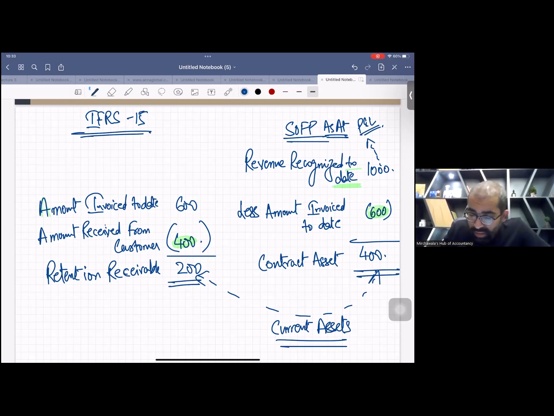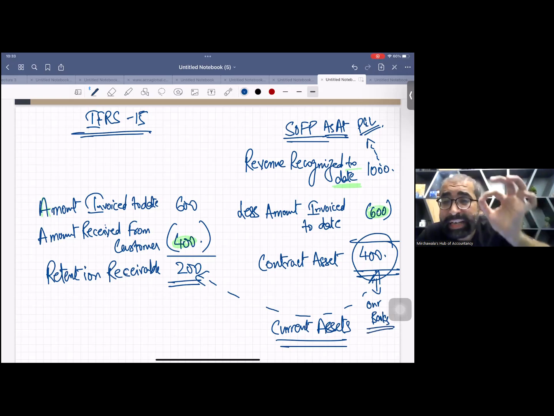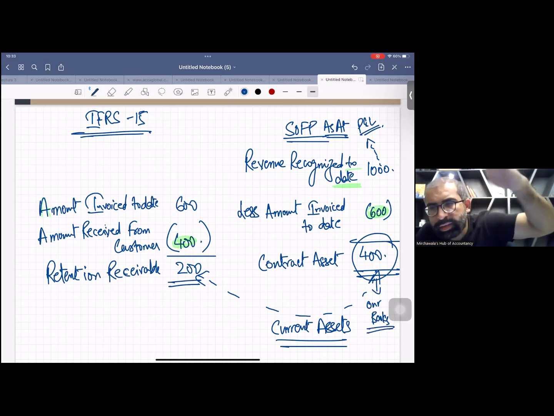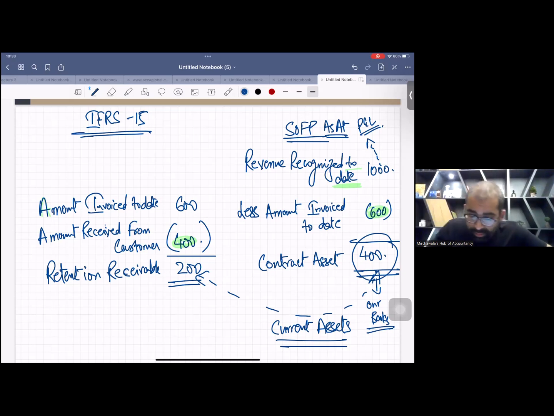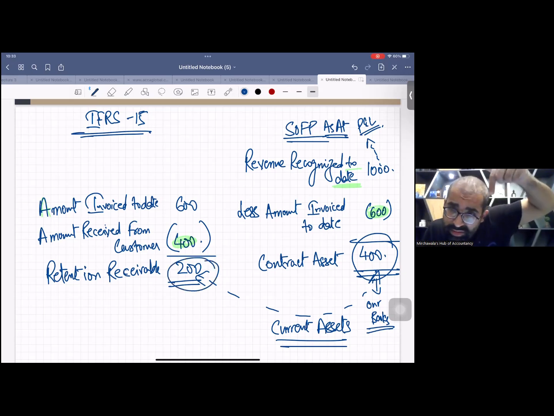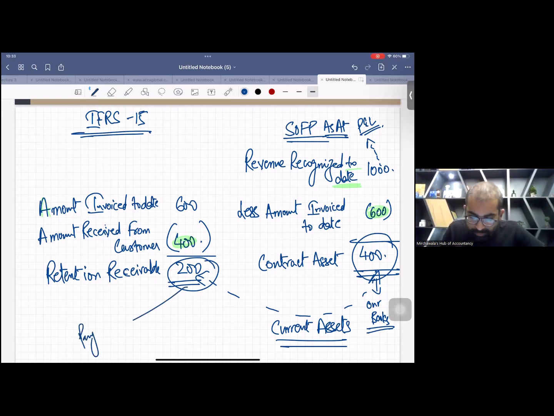Listen, this contract asset is only in our books. The customer doesn't know anything about it. But this retention receivable is a receivable in our books, and it is a payable in the customer's books.